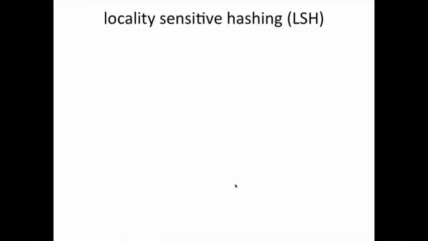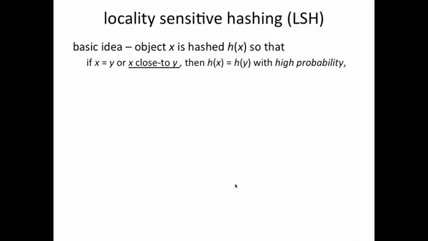Let's see how. The basic idea of locality-sensitive hashing, LSH as we shall refer to it going forward, is the following. It's hashing, so an object x is obviously hashed to something called h(x) in such a manner that if x and y are two objects, and if x is close to y, then the two hash values are equal with high probability.